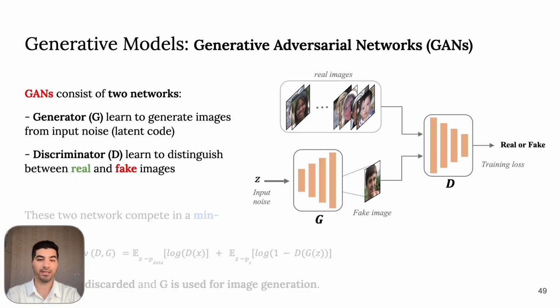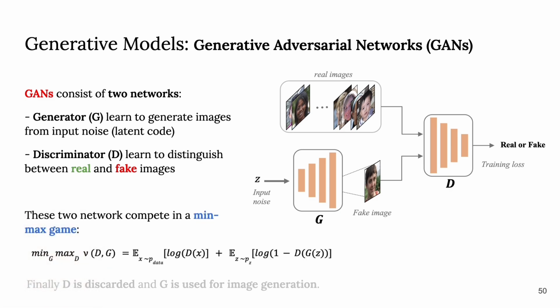And then we have a discriminator, which learns to distinguish between fake and real images. Real images come from our dataset, and fake images are generated by the generator. The goal of the generator is to fool the discriminator into thinking the generated image is real. On the other hand, the discriminator wants to distinguish real and fake images. These two networks compete with each other in this game, and they learn and grow together.